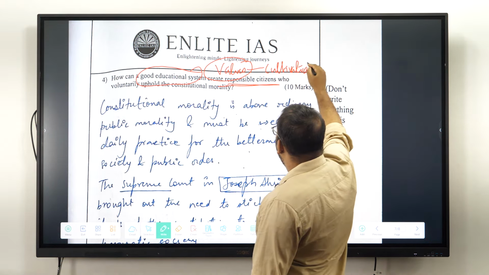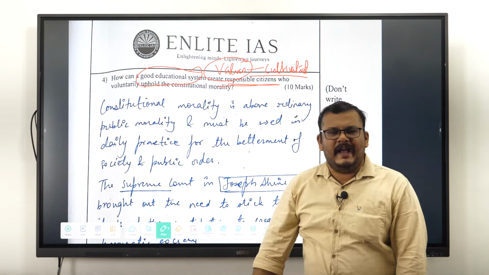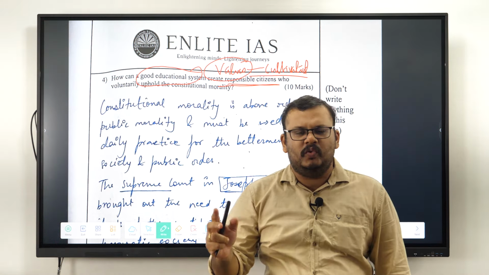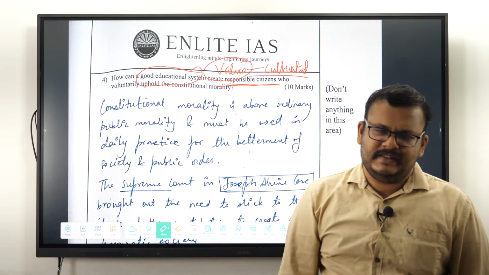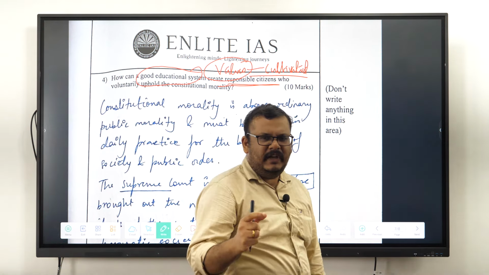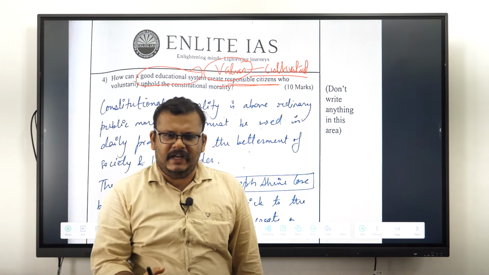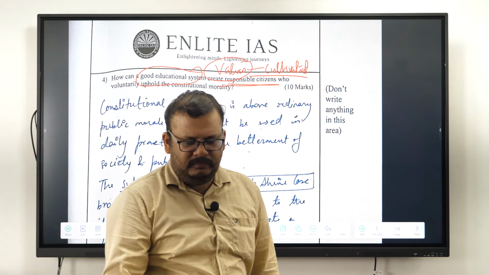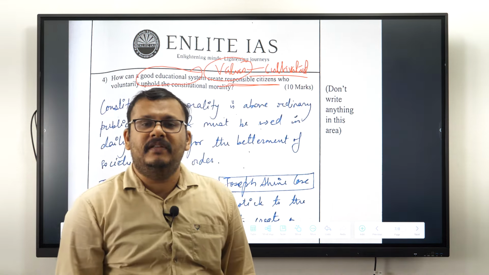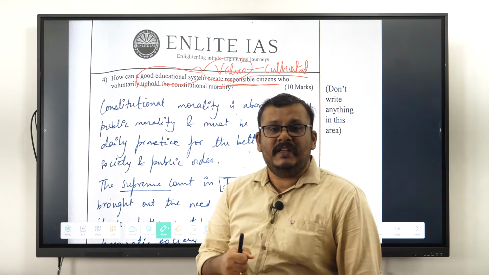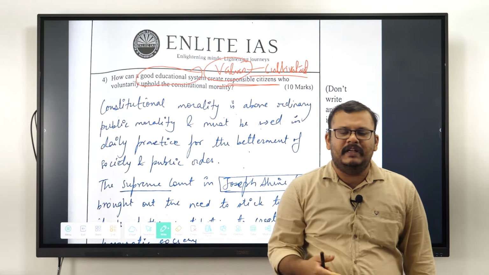Values can be cultivated at home. Values can be cultivated at school or educational institutions. Values can be cultivated through your interaction with your peers. Values can be cultivated through learnings from the thinkers or moral thinkers. So there are various ways values can be cultivated.